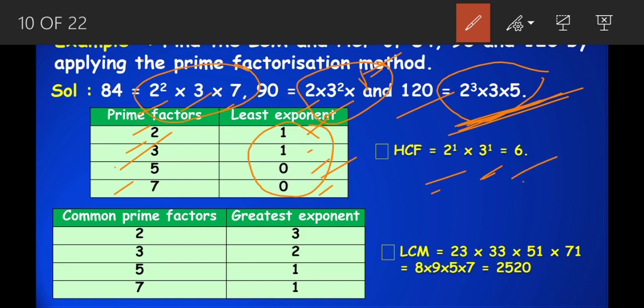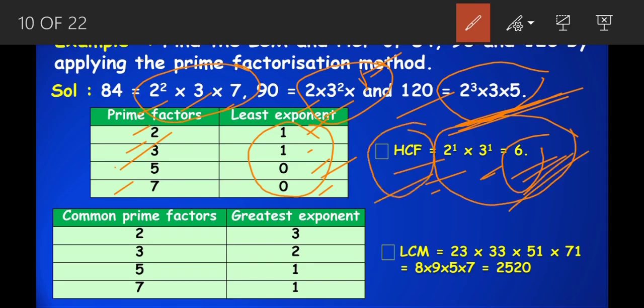So what value will we get? 6. There is no 5, there is no 7. If we multiply all the least exponents, 2 power 1, 3 power 1, 5 power 0, 7 power 0, we will get the value 6. So this will be considered as HCF. This acts as the highest common factor of all the given terms.